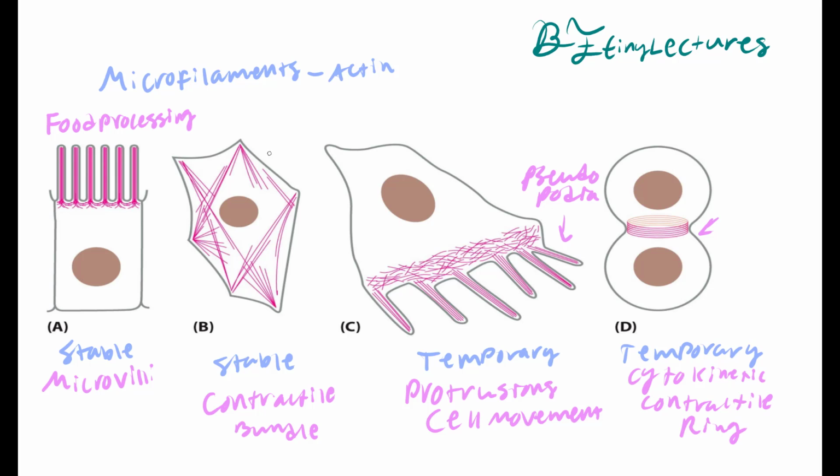This contractile bundle allows the cell to maintain a shape. We have this predefined shape that is stabilized by these microfilaments. This is for movement, and we'll talk about that later on. And this is for cell division.